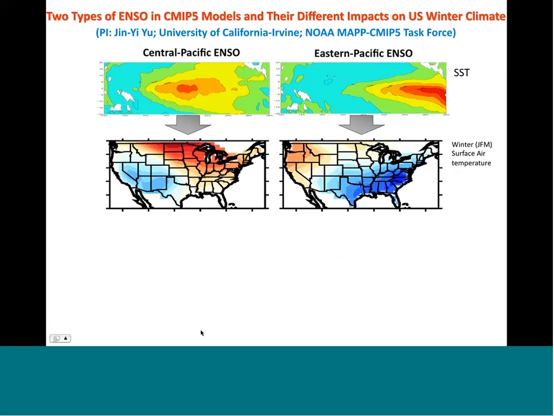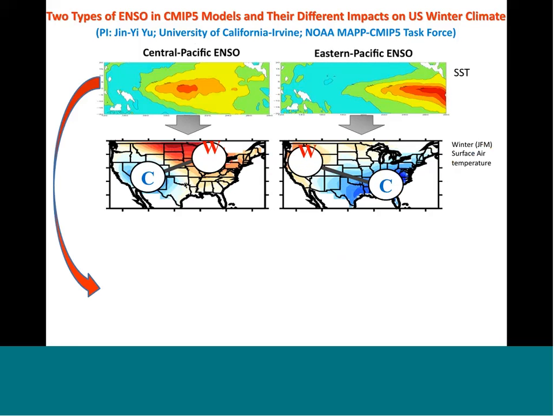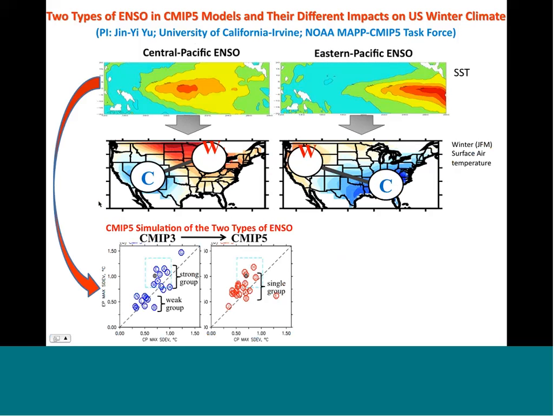This is another facet of ENSO, the Central Pacific ENSO and the Eastern Pacific ENSO, and the teleconnections with winter surface air temperature. And essentially it changes depending on which type of ENSO you have. And then if you look at how things have changed from CMIP3 to CMIP5, in terms of predictions of these two different types, there used to be a strong group and a weak group in CMIP3.